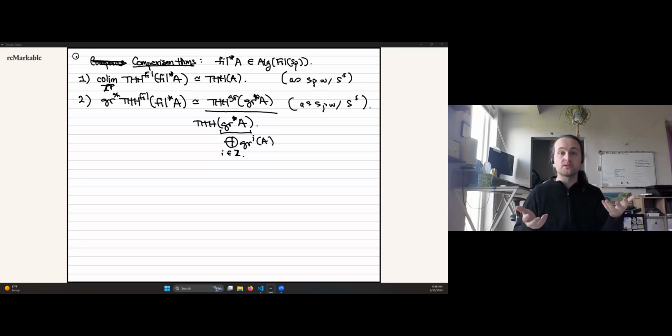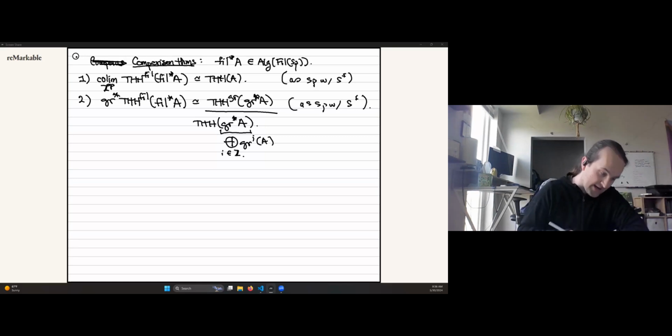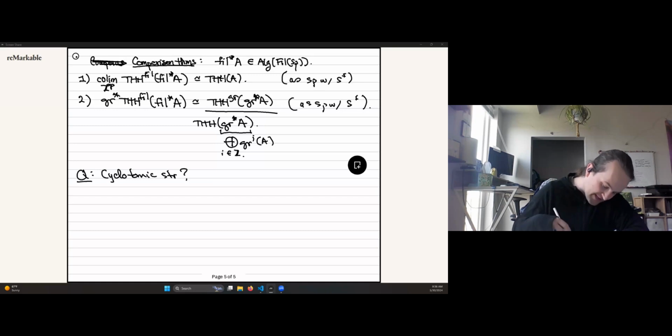But you could just as well ask what happens with the cyclotomic structures. Is there something that happens to that as well? And the answer to that is yes. So question, cyclotomic structures. And basically the answer to this is yes, we get those.